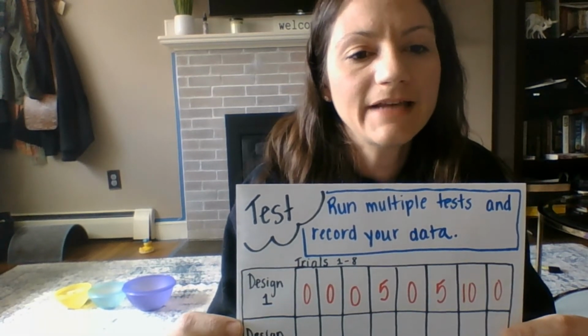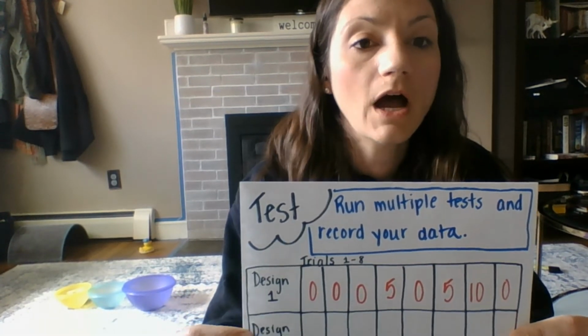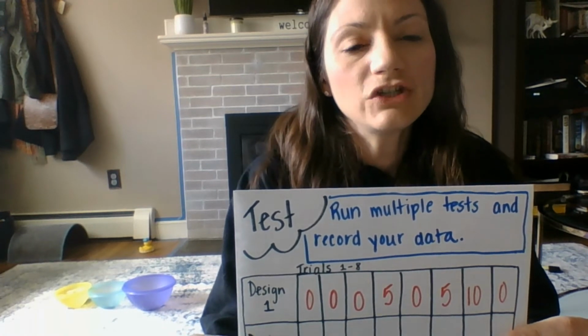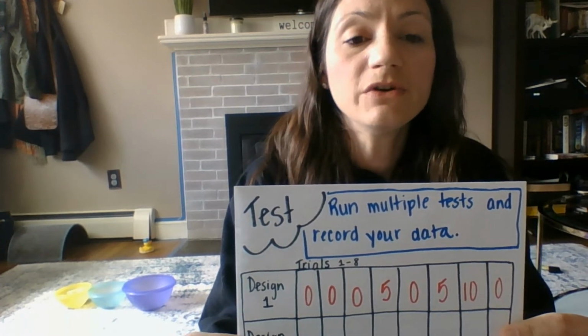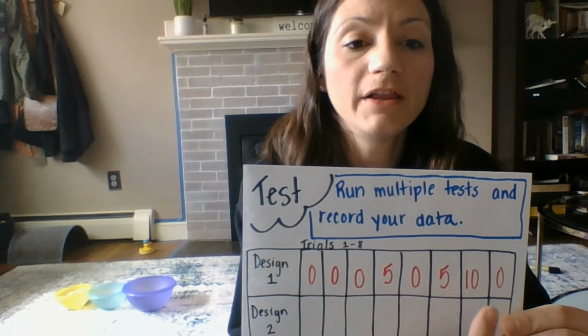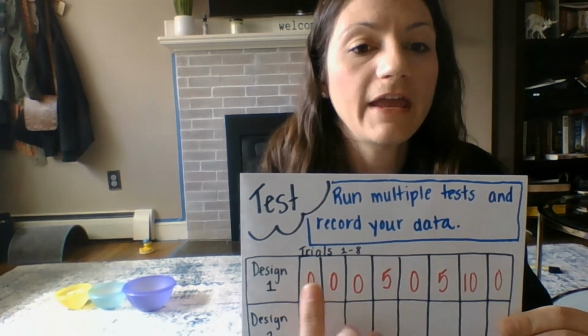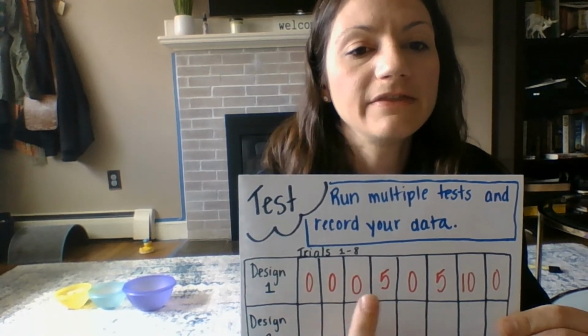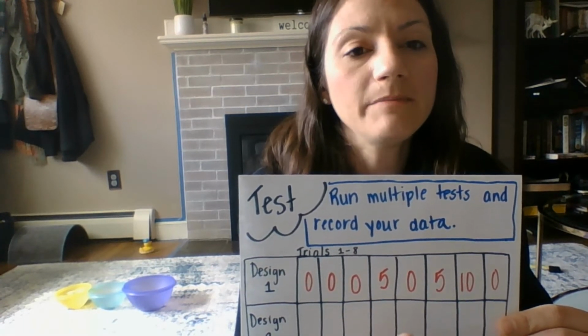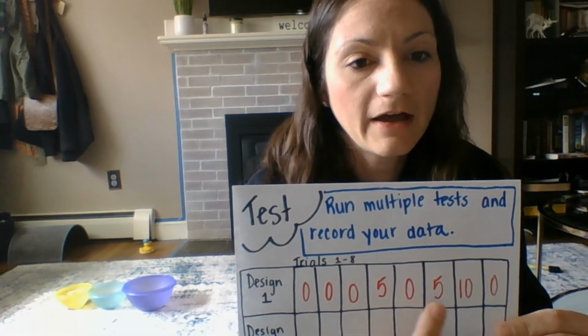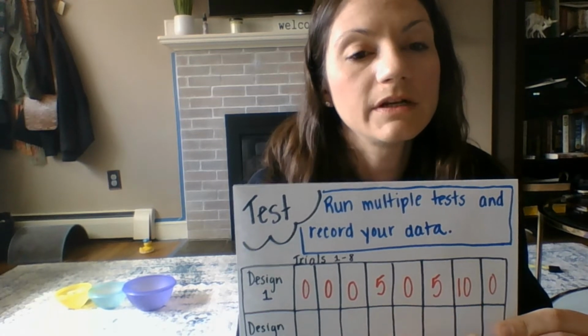When I look at my data, I can say, well, the highest score I got was a 10, and I got 2 5s, but mostly zeros. So you could average your data by adding up all of your data points, right? So I have 8 points of data. I could add these all up, and when I add them, it equals 20, right? 5 plus 5 is 10, plus another 10 is 20.